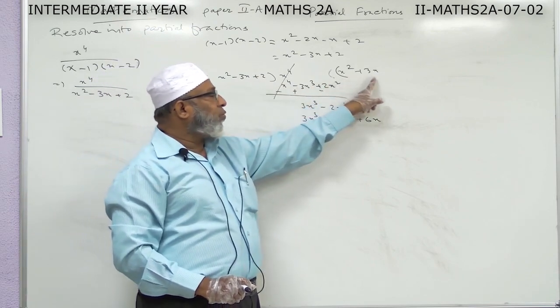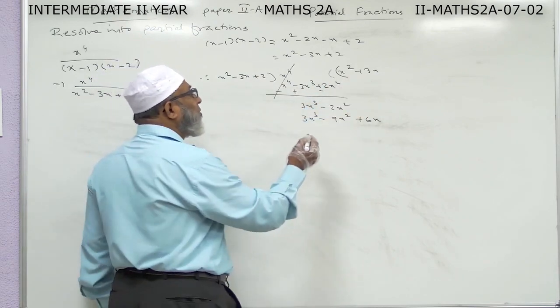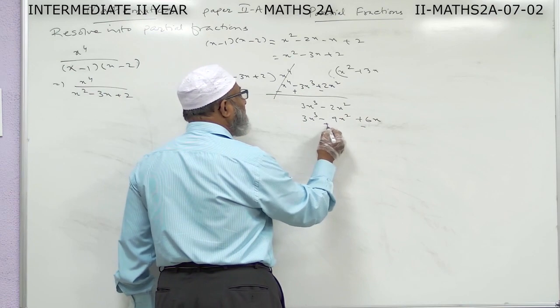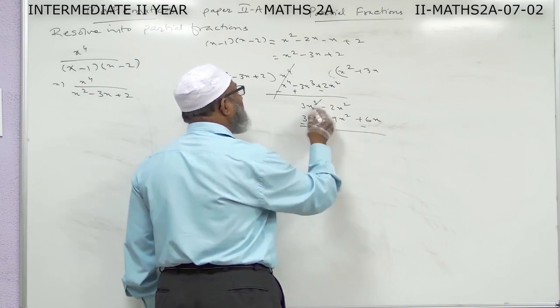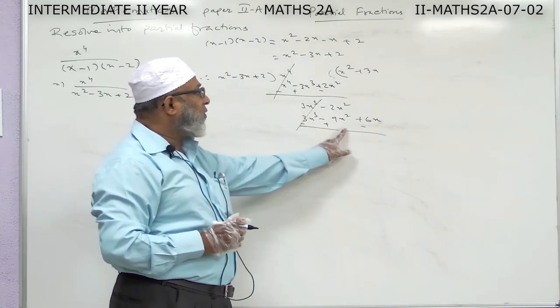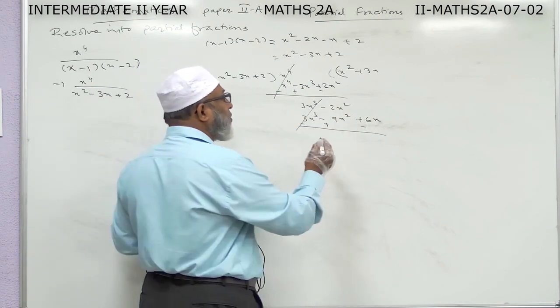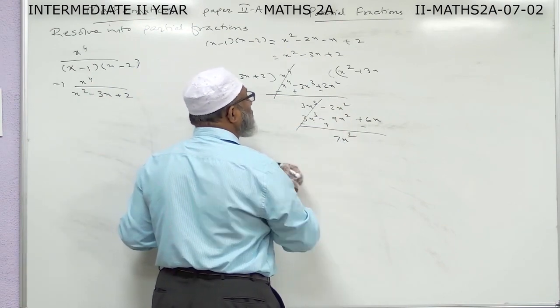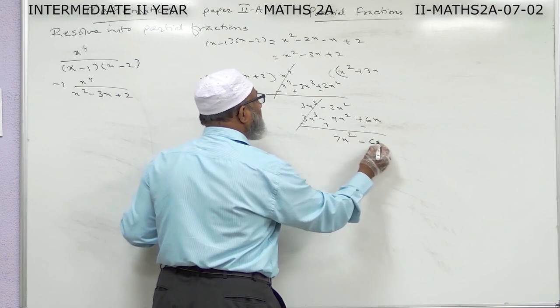Then 3 into 2, 6x. Is it clear? Now I am changing the sign again. Minus this becomes plus, this plus becomes minus. Again, this will be cancelled. 9x square minus 2x square is equal to 7x square minus 6x.